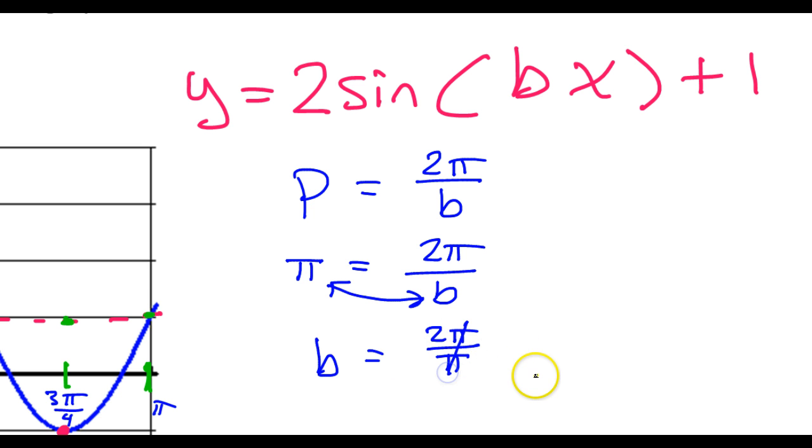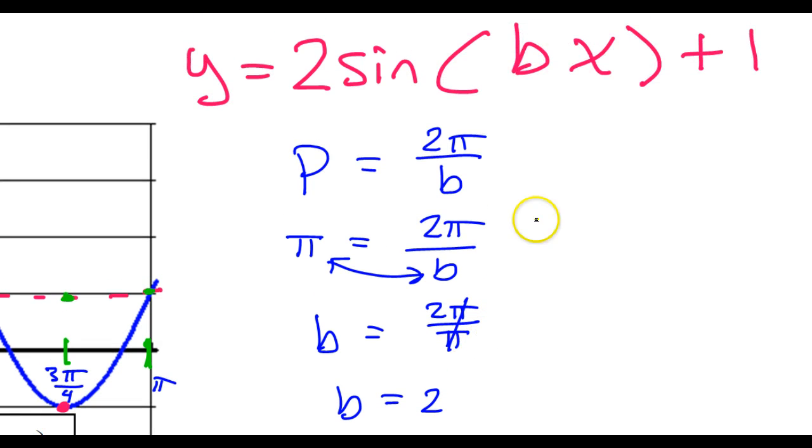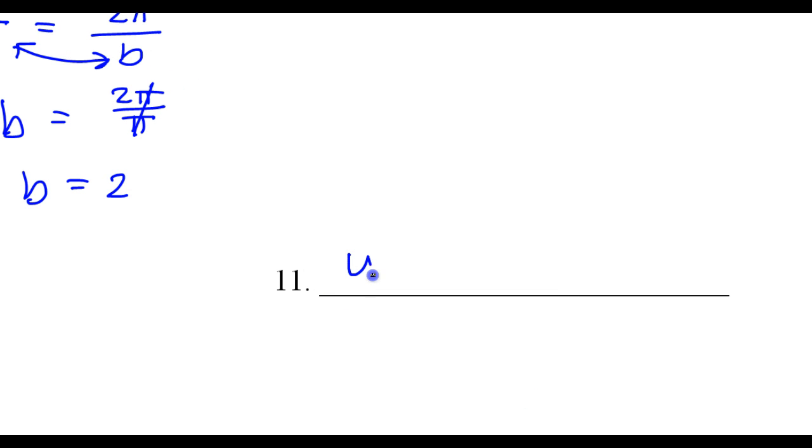The pi's cancel out, so the b value is 2. Replacing that with 2 should give me the final answer. It'll be 2 sine 2x plus 1. So 2 sine 2x plus 1. Nailed it.